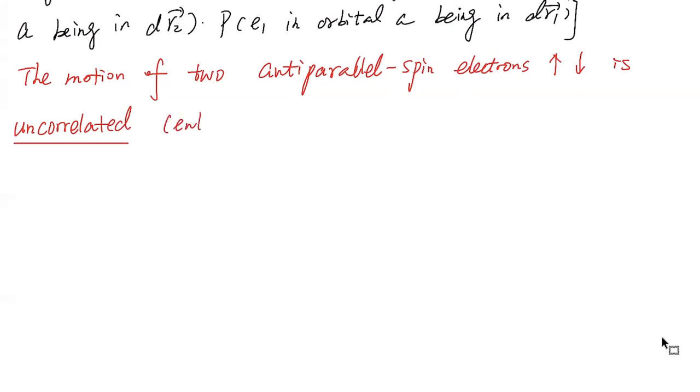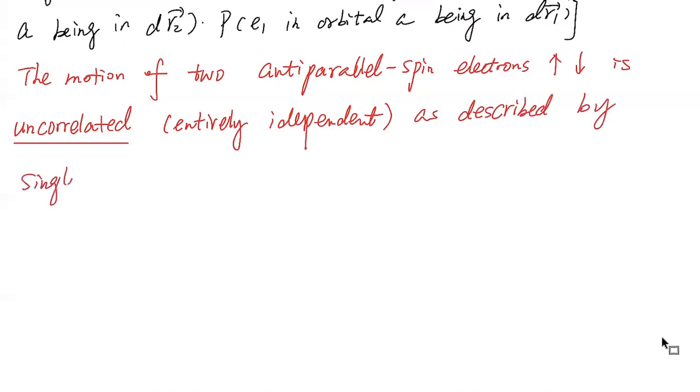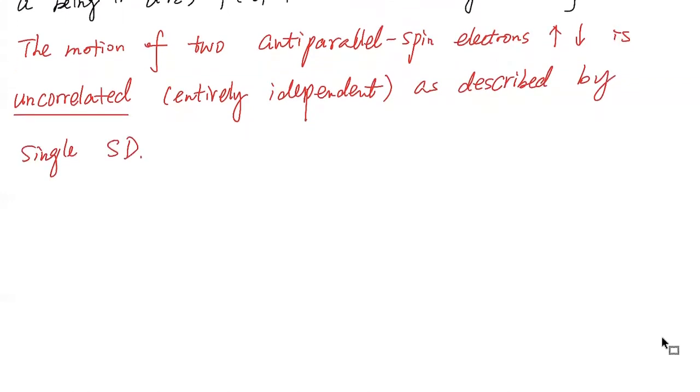That means they are entirely independent, as described by a single Slater determinant. This is very important. If you choose to use a single Slater determinant to describe a pair of anti-parallel spin electrons, then their motions are completely independent. They are not correlated with each other.